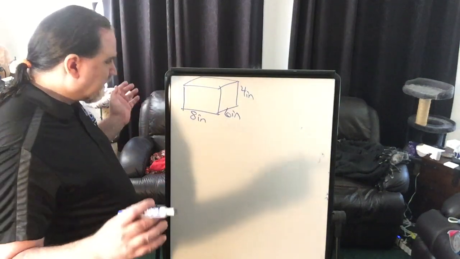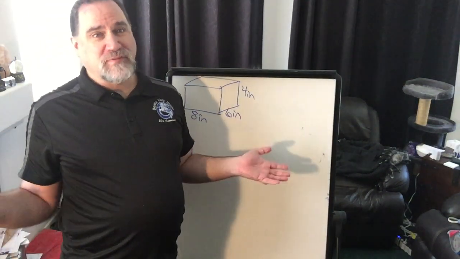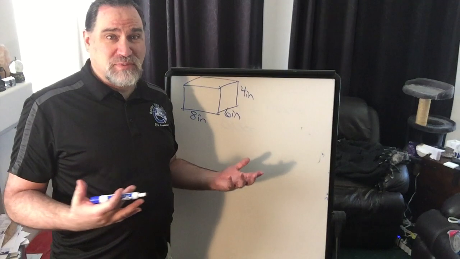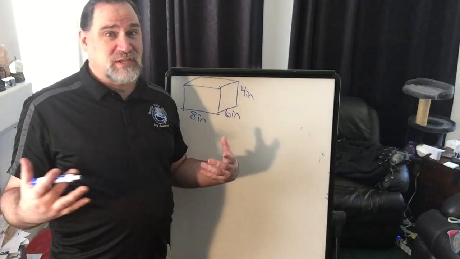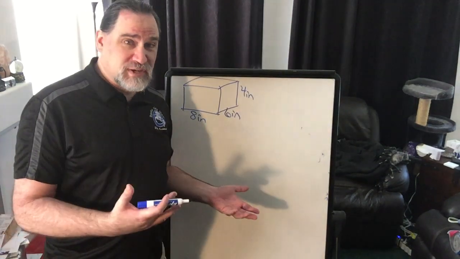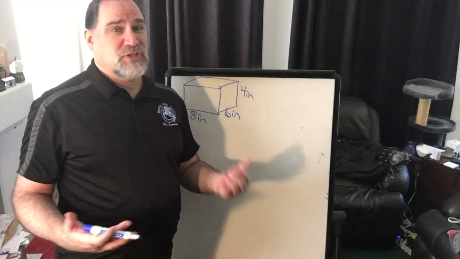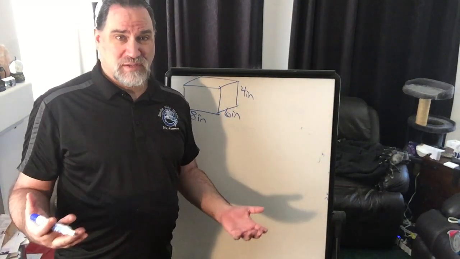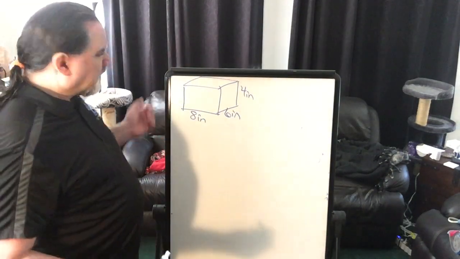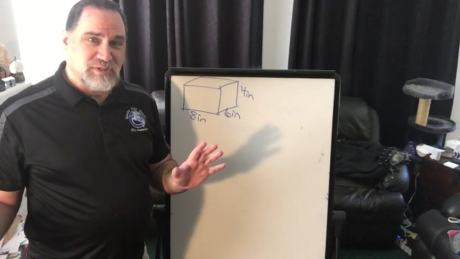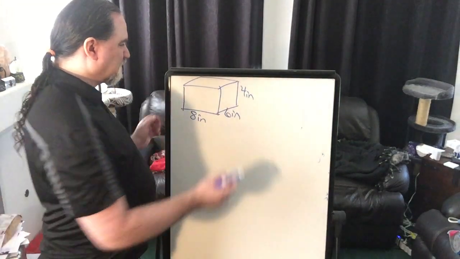What we're going to decide is, what's the base? Now, the fun thing about this one, this is a rectangular prism. Since the bases are rectangles, and by definition of prism, all the sides are rectangles, everything's a rectangle. So here's the beauty of it. It doesn't matter what you call the base. Pick whatever you want. Me, I'm going to pick the bottom.